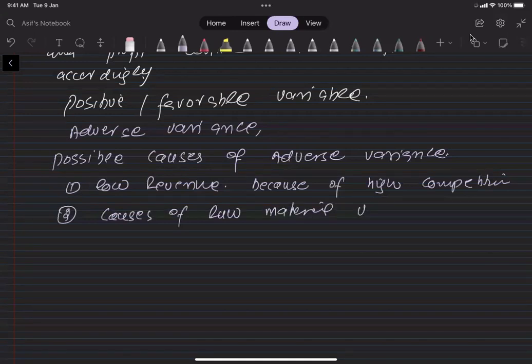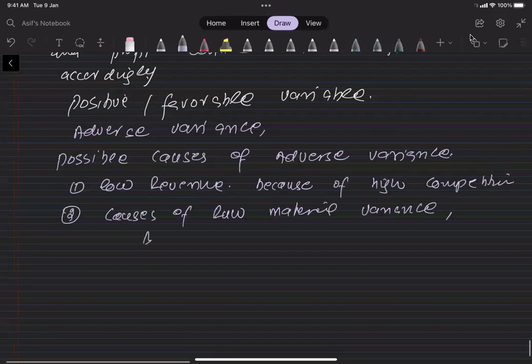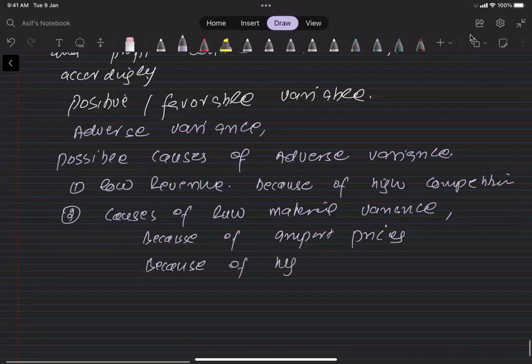Raw material variance, adverse one, because of import prices, higher taxes, etc.